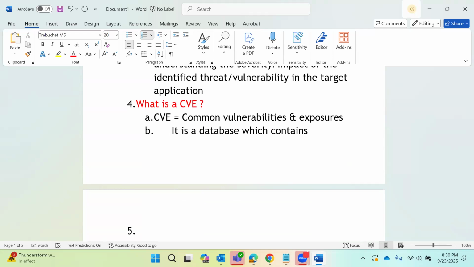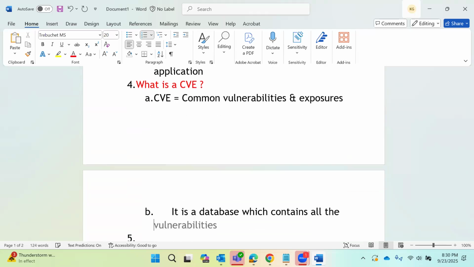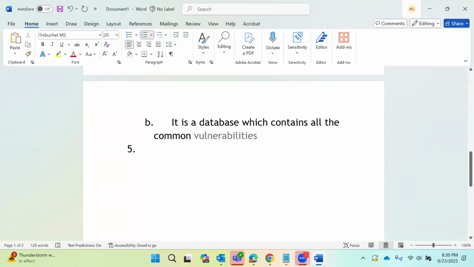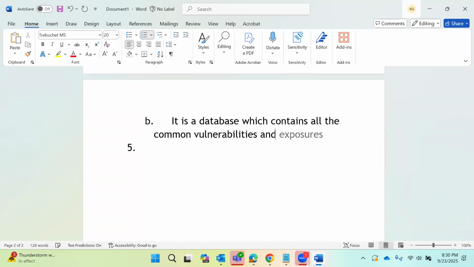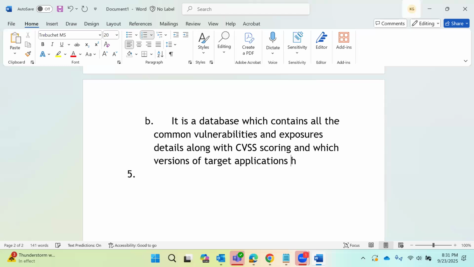So I will say CVE is a database which contains all the common vulnerabilities and exposures details along with CVSS scoring, and which versions of target applications have gone through this vulnerability, along with remediations, meaning solutions on how to fix it.